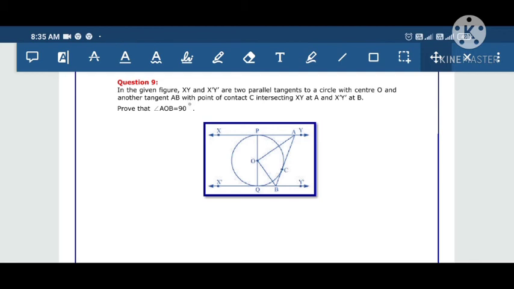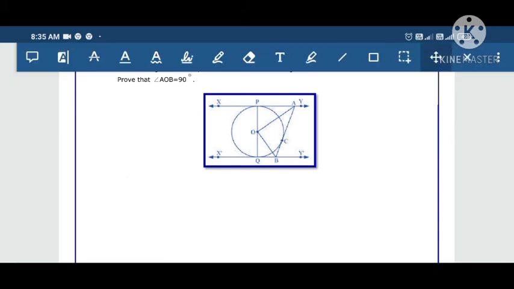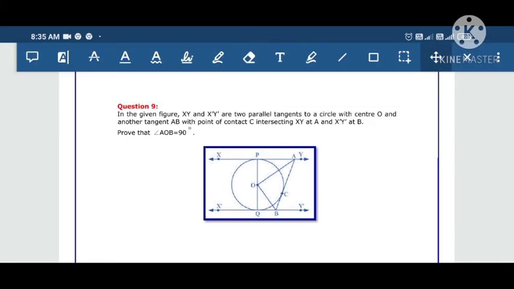So XY and X dash Y dash are parallel tangents to a circle with center O. Another tangent AB has the point of contact C, intersecting XY at A and X dash Y dash at B.